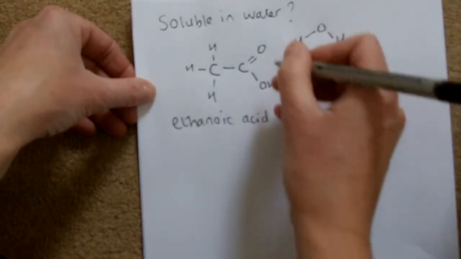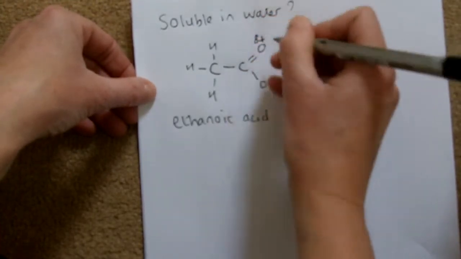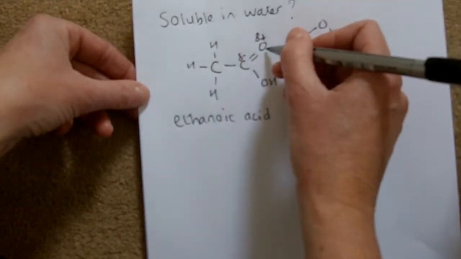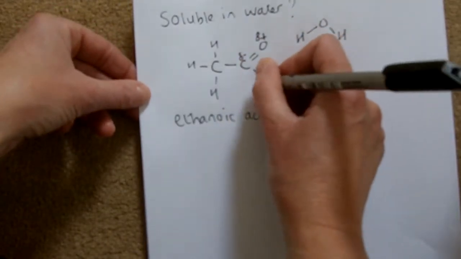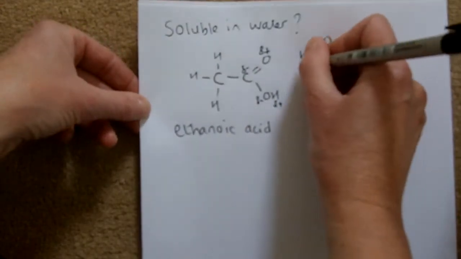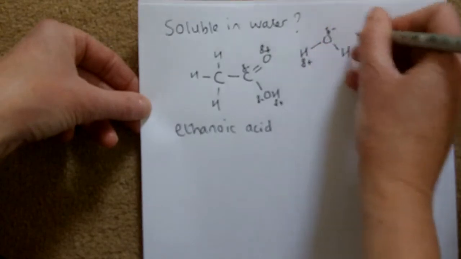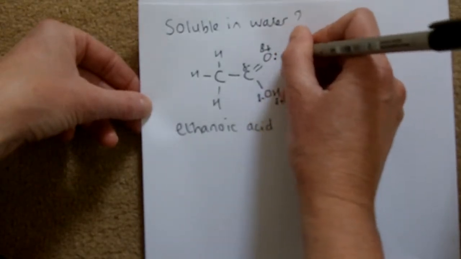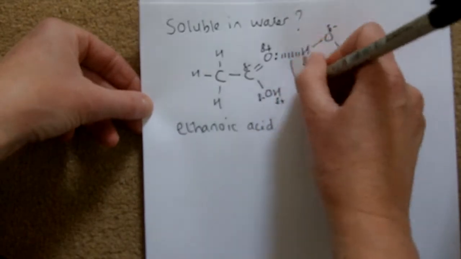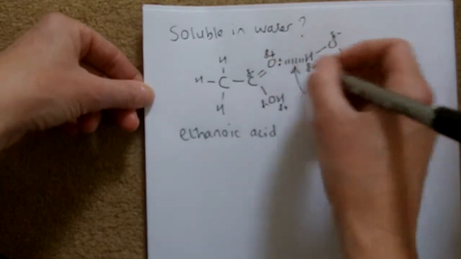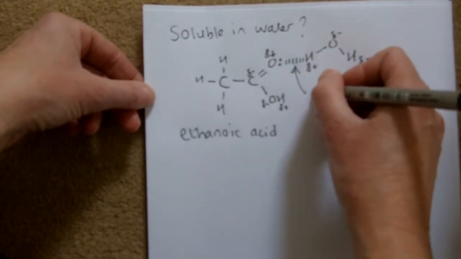It is a polar bond because the oxygen is electronegative. You've also got a polar bond here on the OH. You've got dipoles on the water too. And you can form a hydrogen bond between the water and the carboxylic acid.